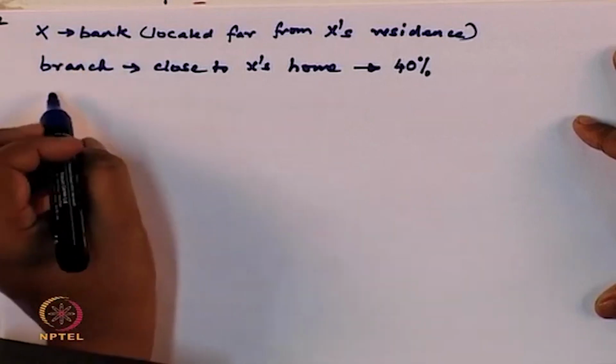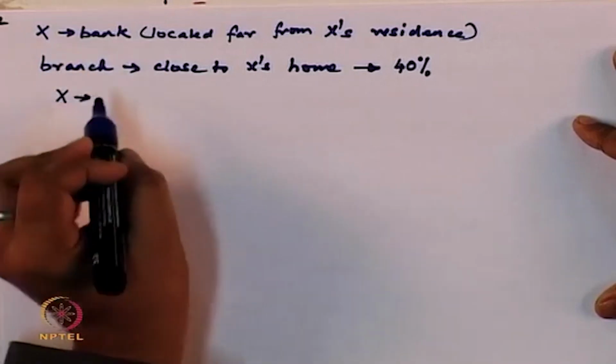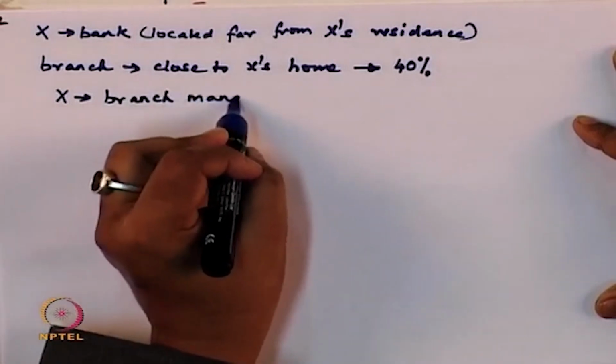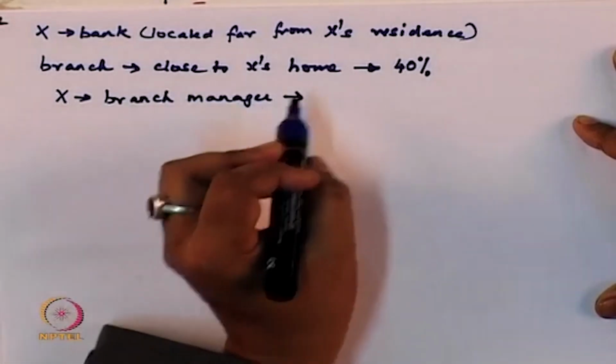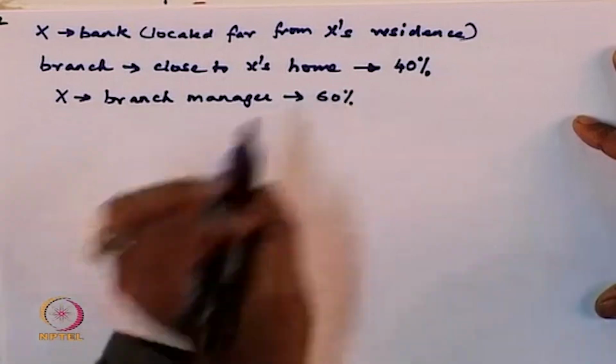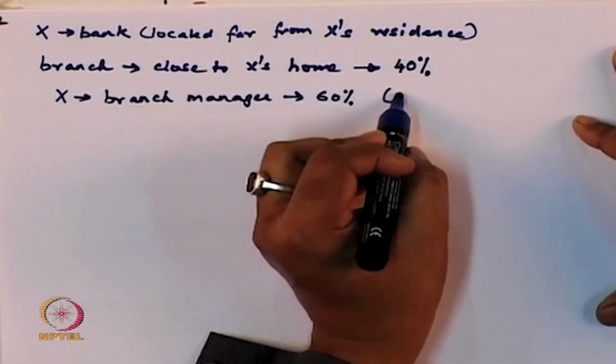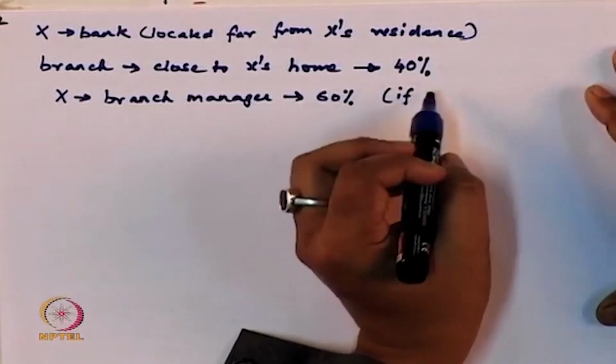Let us say the chance that the branch is opened close to X's home is 40%. And if the bank does open a branch close to X's home, the chance that X becomes the branch manager is 60%. So, X becomes the branch manager 60% if this particular branch is opened.